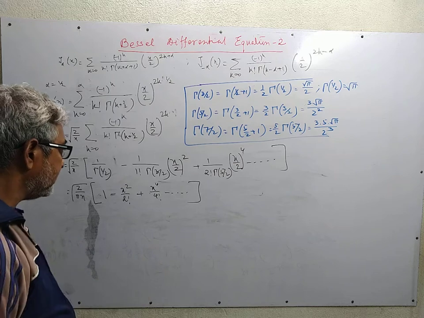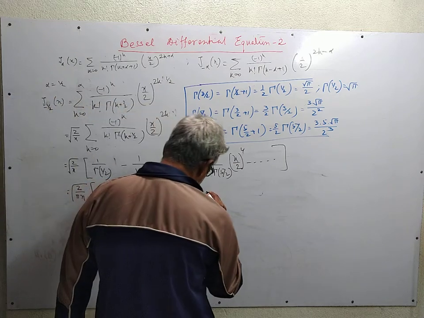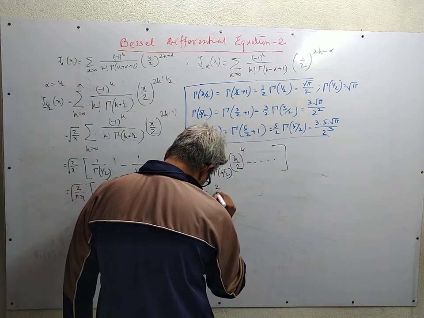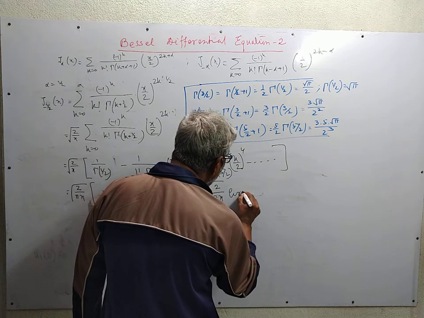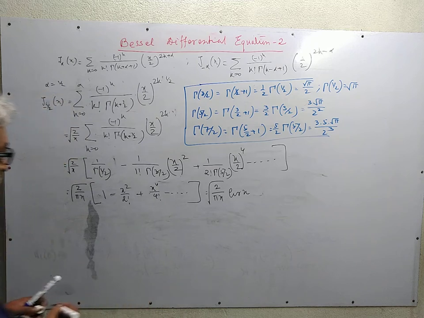Again, the quantity within the third bracket is a known friend, 2 upon pi x cos x. So we see that for alpha equal to half, j of plus half and j of minus half are linearly independent. So Bessel differential equation, being a second order differential equation, can have at most 2 linearly independent solutions.